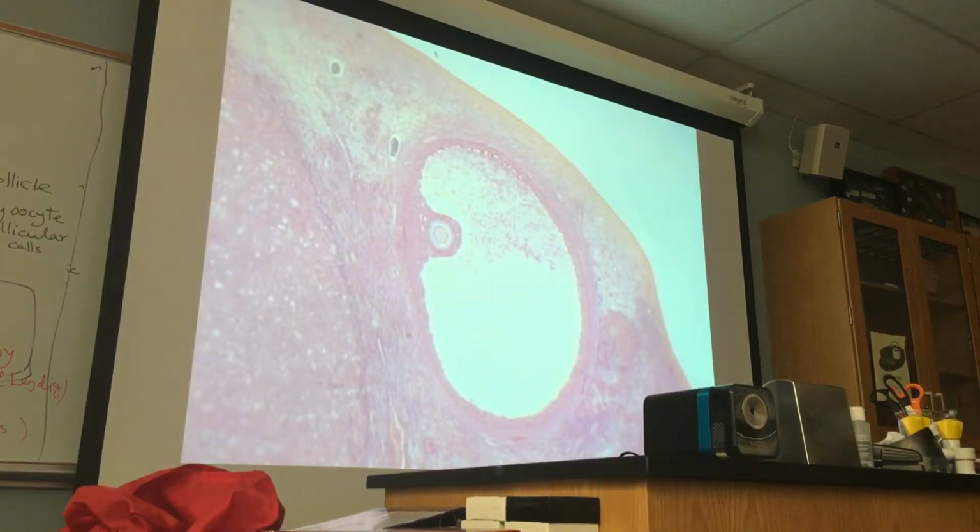Imagine this is not there, this is over here. Then these granulosa cells rapidly divide, fill in this space, forming a solid structure. These cells are called luteal cells, and the structure is called the corpus luteum.